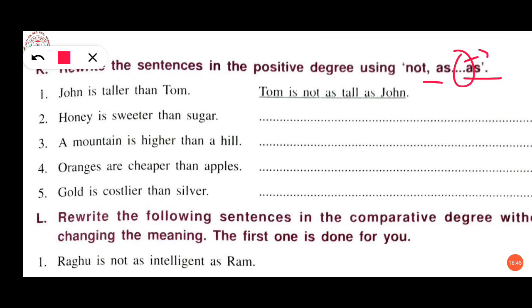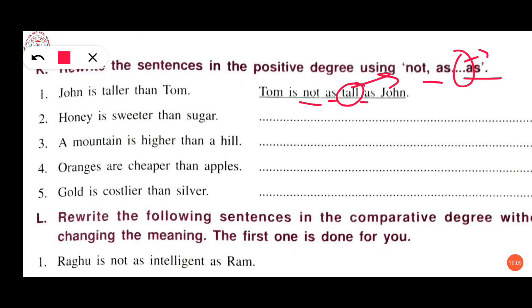Like, the first one is done. John is taller than Tom. The sentence becomes: Tom is not as tall as John. Here we are using not and as. And if a blank is given, we have to fill in some word, an adjective.